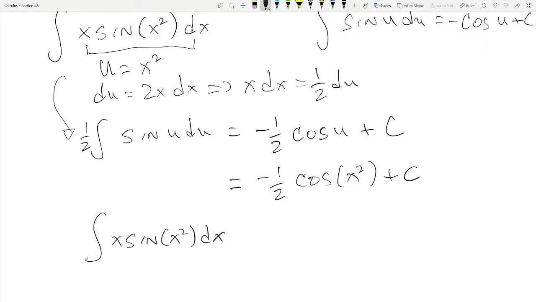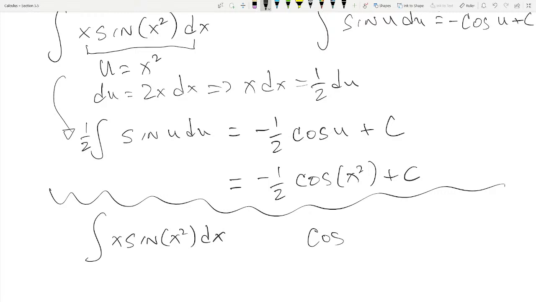But couldn't you also say that the only way I could take the derivative of something and get sine x squared is if I had cosine x squared, right? That's a good guess, because to take the derivative of something and get something that has sine x squared in it, I better have had cosine x squared, right? That's how you get it.